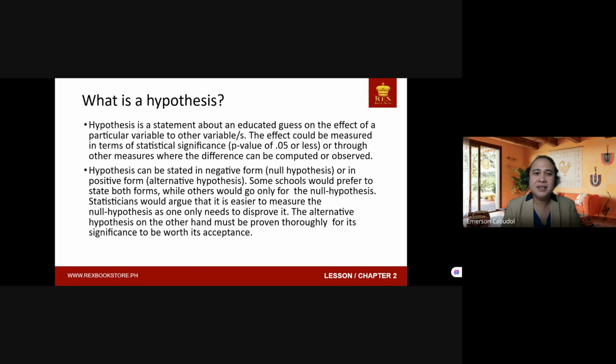So, what is a hypothesis? A hypothesis is an educated guess about the relationship between variables. For example, increased employee training, which can be your variable A, will lead to higher job performance, which can be your variable B. The null hypothesis is there is no relationship between employee training and job performance.